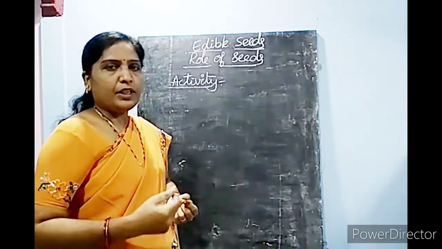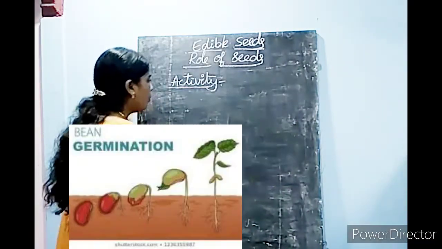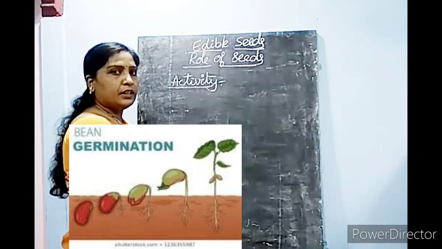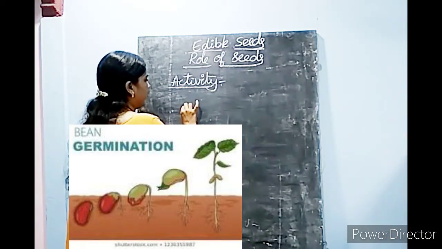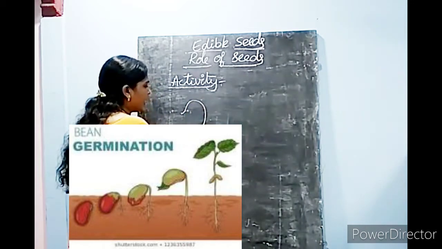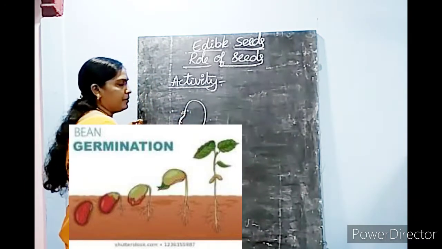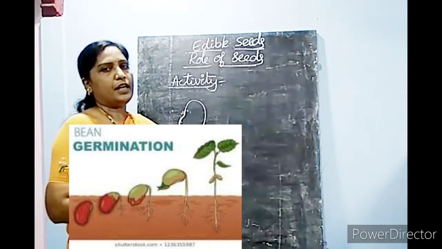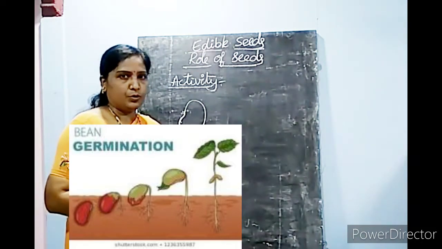So both the activities you are going to do, right? So now what are the stages from a seed to a baby plant? This process is known as germination. You are going to learn the word germination in higher classes. Now you understand how a baby plant comes out from the seed.